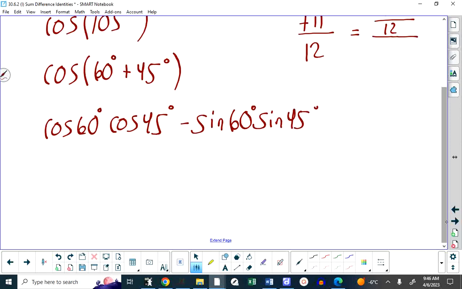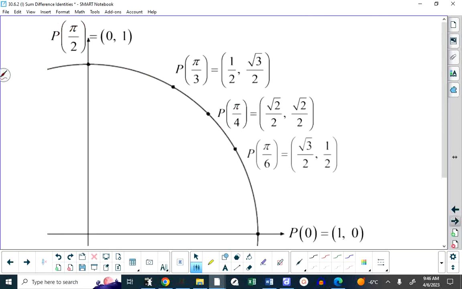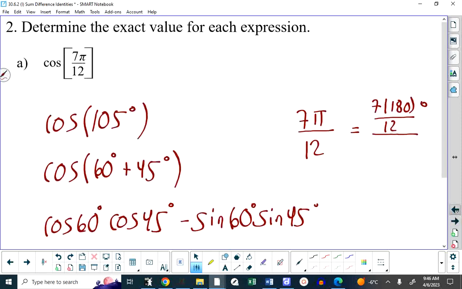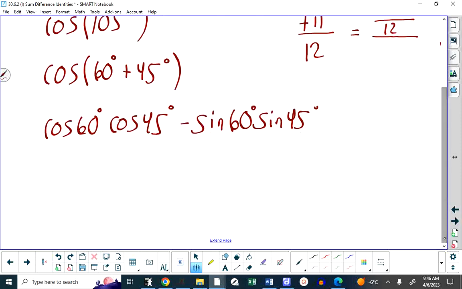And we do know what the cosine of 60 degrees is, or we should be able to determine it. And I admit I'm quicker at this than most of you because I've been doing this for a very long time. But when you take a look at 60 degrees, I don't even want to show that to you. You should be able to draw this out and say 60 degrees is here.